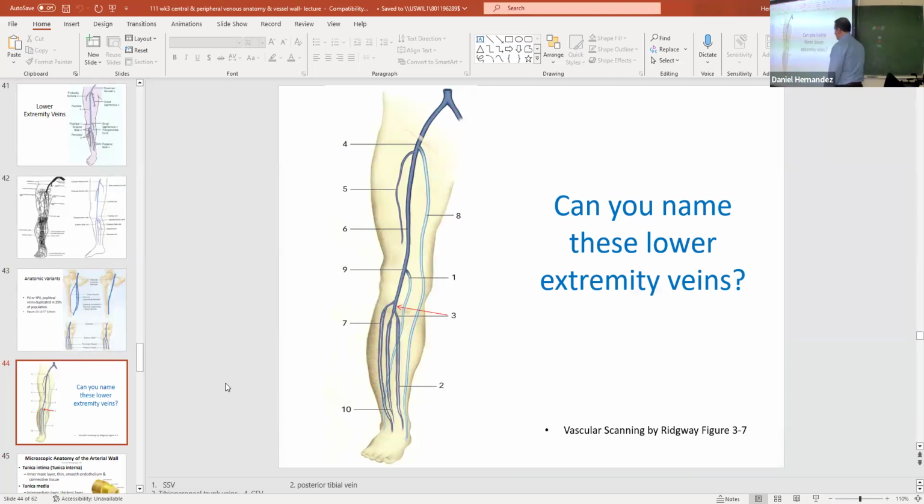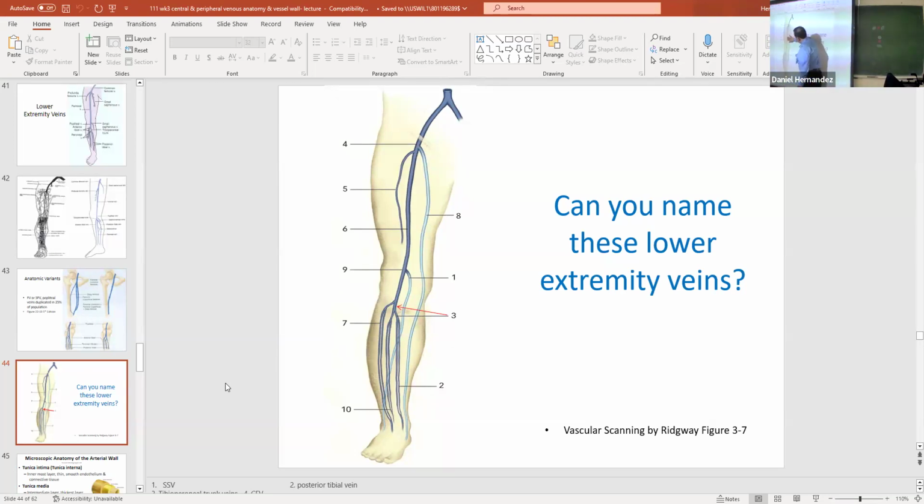Some good practice. So 3 actually refers to this tibial peroneal trunk. You take from the top: above the inguinal ligament, external iliac; below the level of the inguinal ligament, common femoral vein. Common femoral vein then splits into your deep femoral vein, or profunda femoris. Then you have your femoral vein coursing down the thigh, which is your main pathway, main drainage for the thigh.